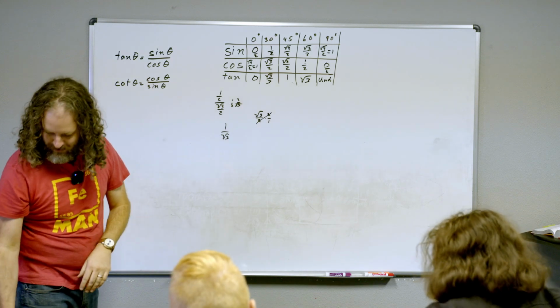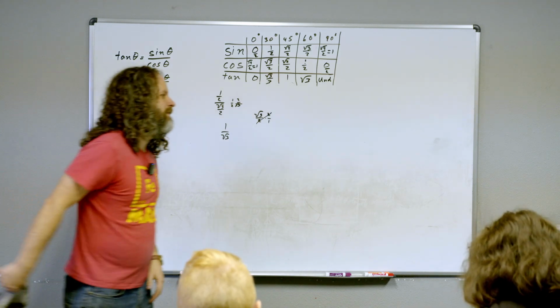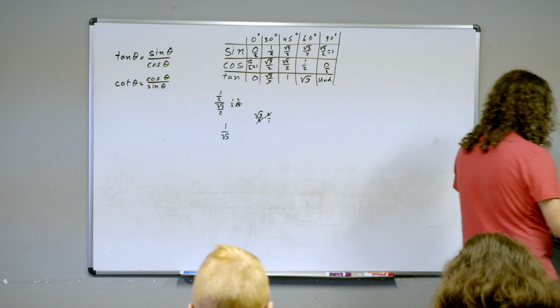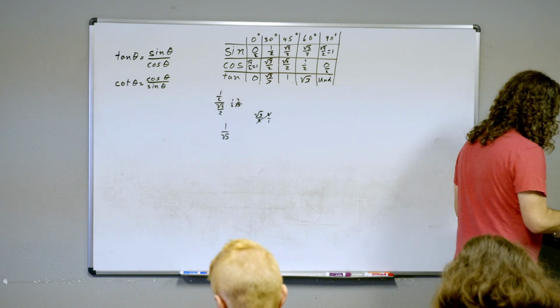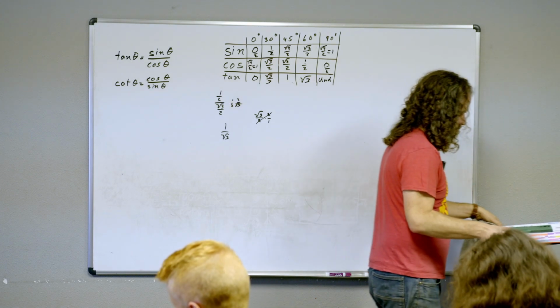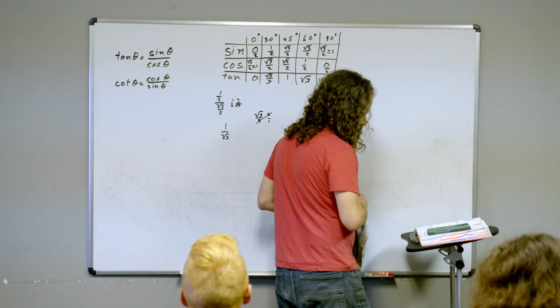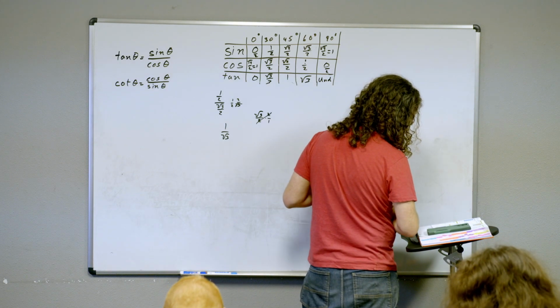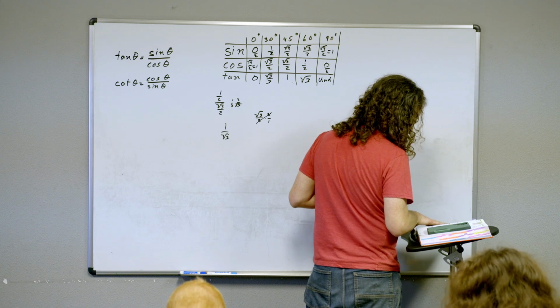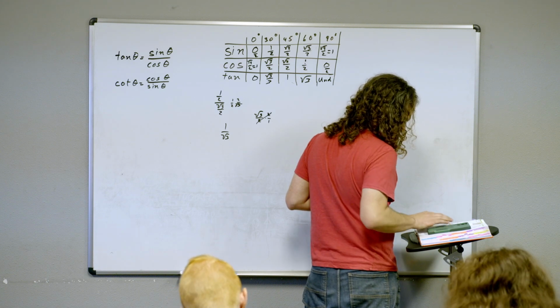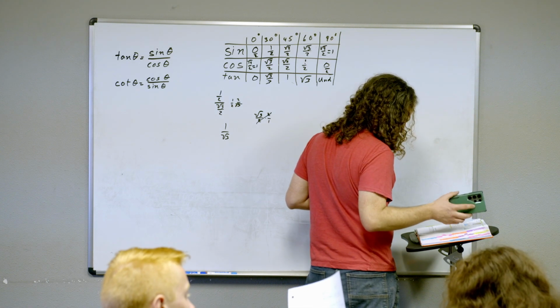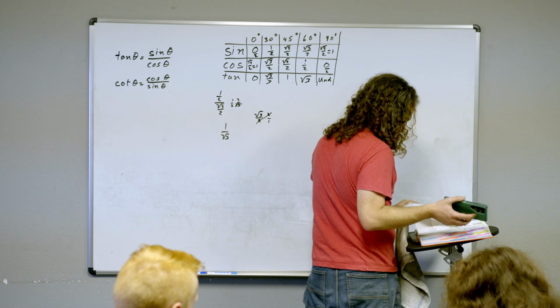How we doing? We need to do an example of this, or so. That's funny. They give you special right triangles, and then they don't give any examples over it.